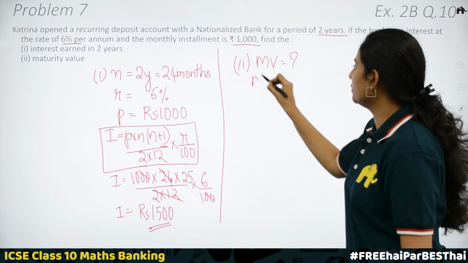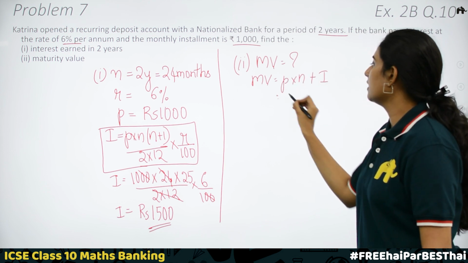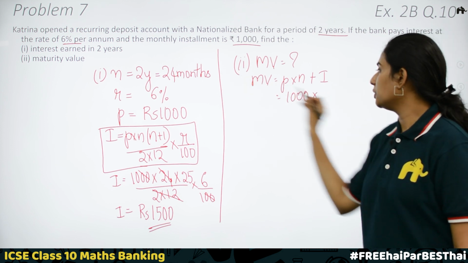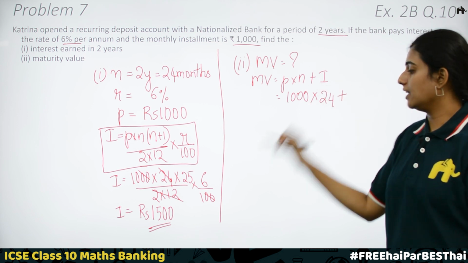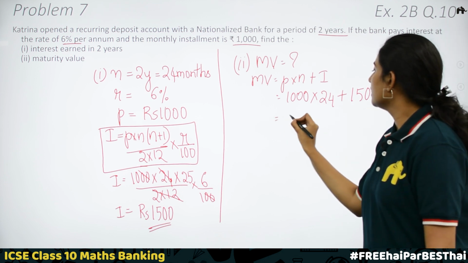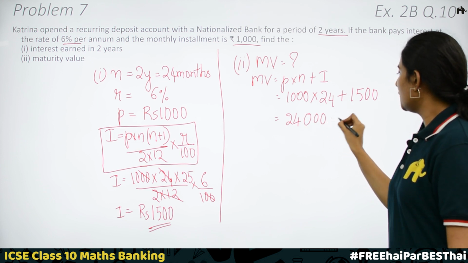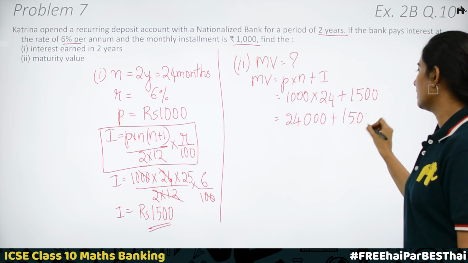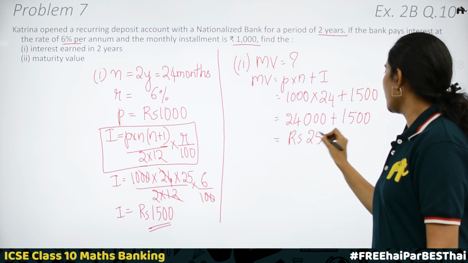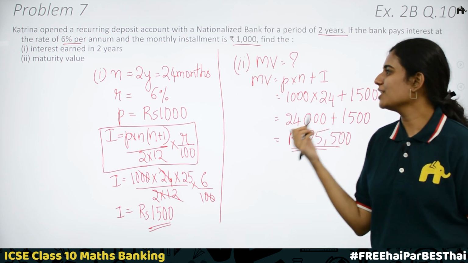Maturity value MV is equal to P into N plus I. P 1000 into N 24 plus I. We calculated I, that is 1500. 24 into 1000 is 24,000 plus 1500. Your final answer is rupees 25,500.